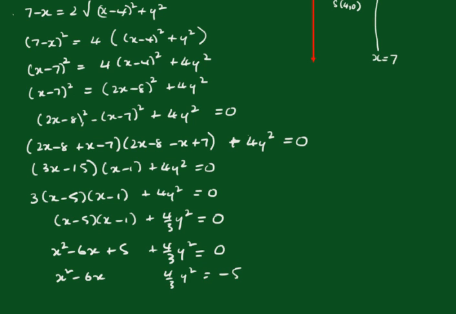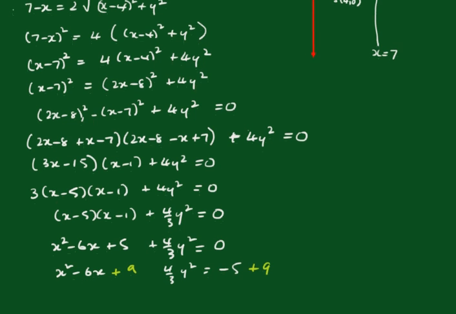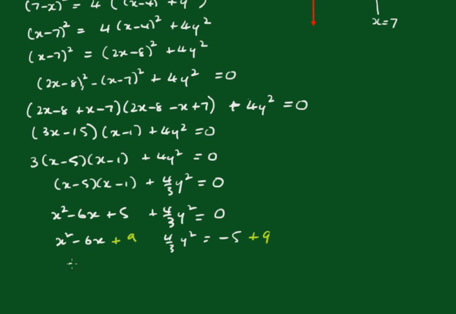And now I'm going to complete the square. So halve that, minus 3 squared, 9. So add 9 to both sides, forming this into a perfect square. So that becomes (x minus 3) all squared plus 4/3 y squared equals 4.